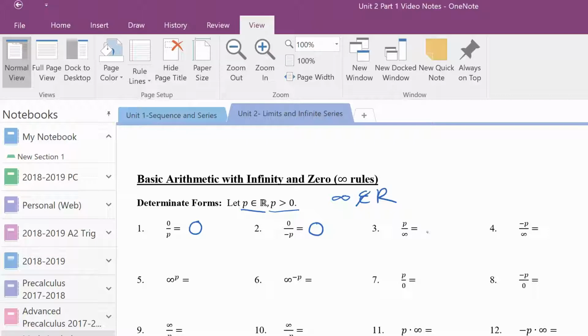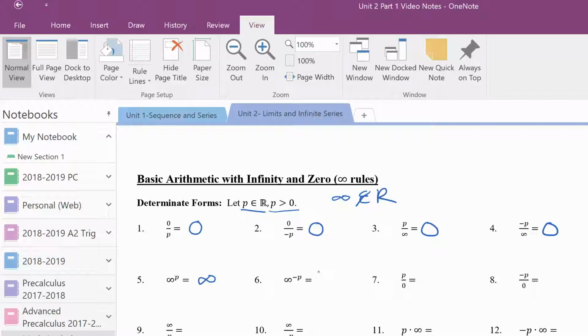p divided by infinity. Well, whenever you divide a number by something that's really large, it's going to be 0, because this fraction is going to get smaller and smaller as the infinite part gets bigger and bigger. Same with negative p over infinity. Infinity to the p power is infinite.